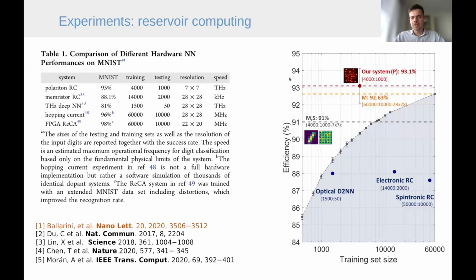And importantly, our system in principle can work in the terahertz regime of speed, and it can be very energy efficient, taking into account the strength of polariton nonlinearity.